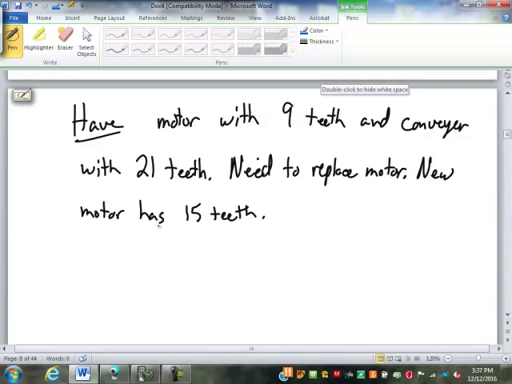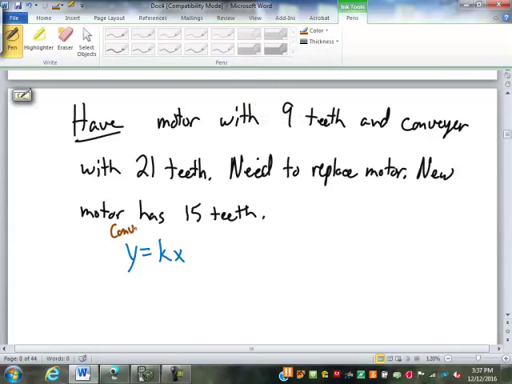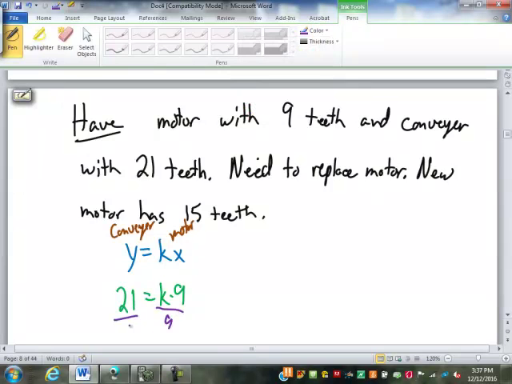Well, we know it's direct. We know Y equals KX, where we're going to let Y be the conveyor and X be the teeth on the motor. So our initial condition is the motor had 9 teeth, so that's X. The conveyor had 21. So divide by 9.